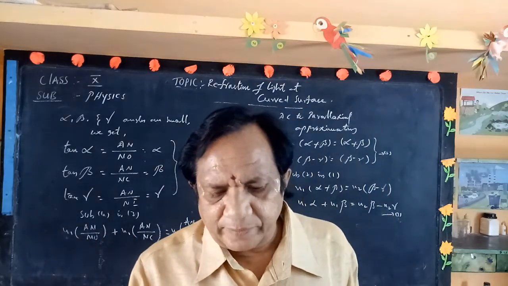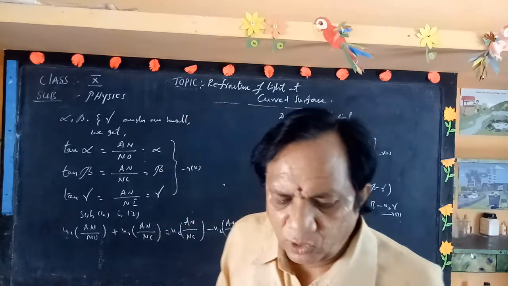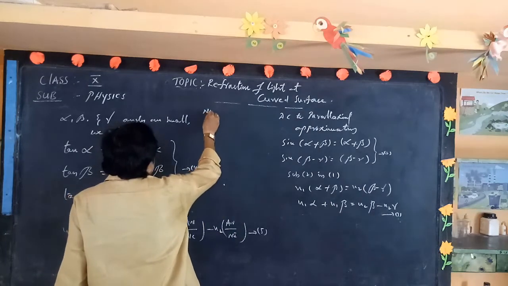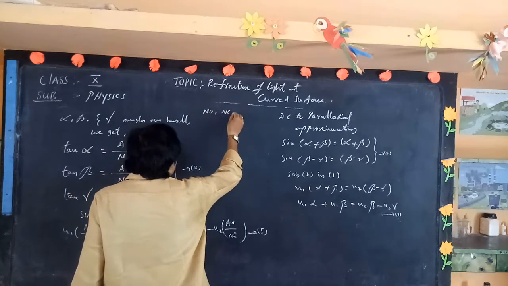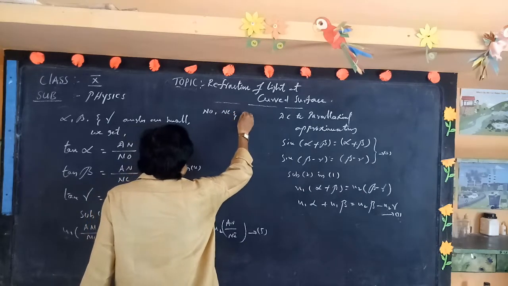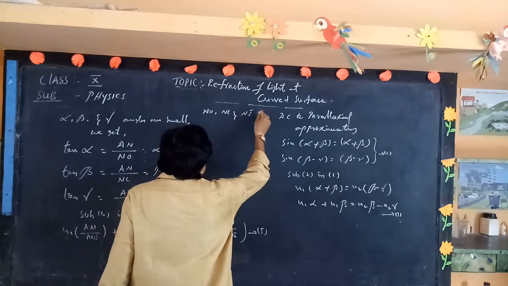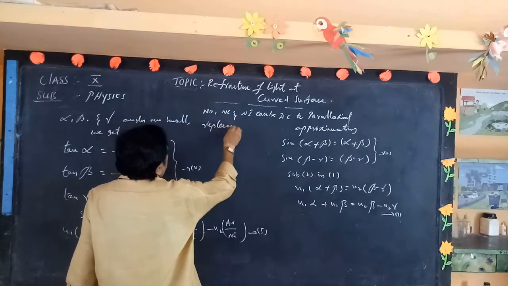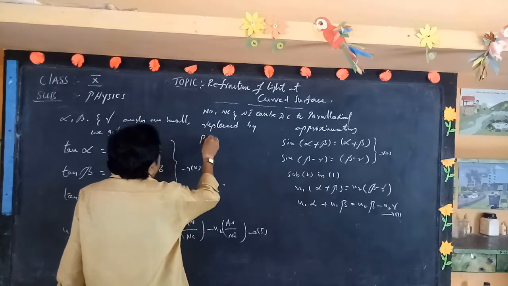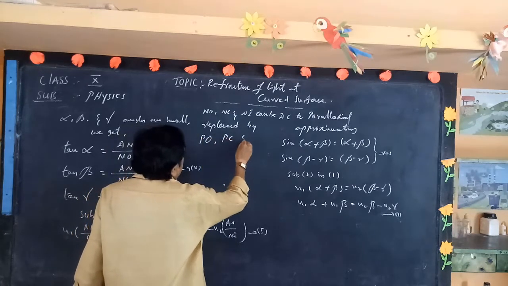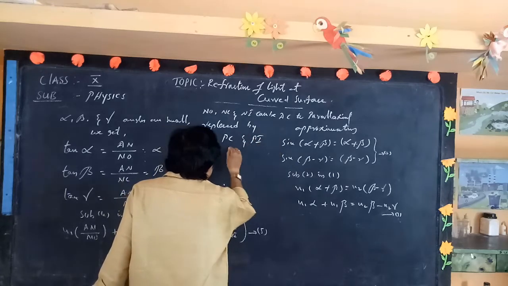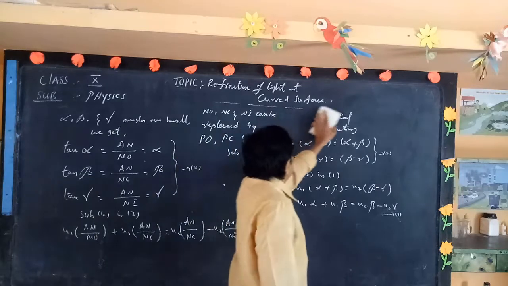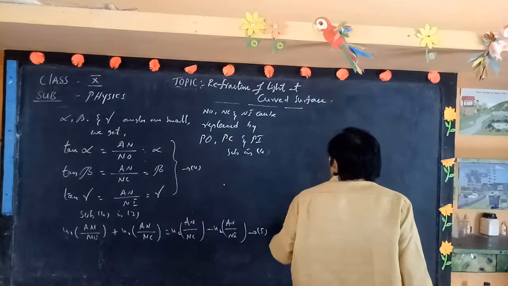NO is replaced by PO, NC by PC and NI by PI. Substitute these values in equation number 4. Then what do you get?